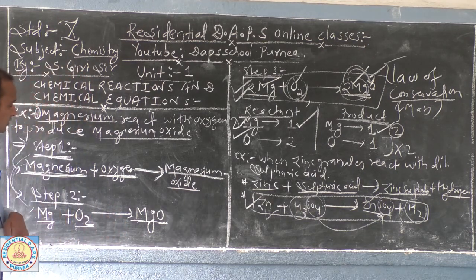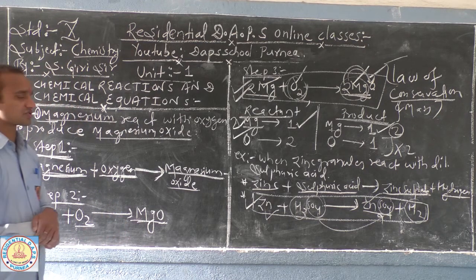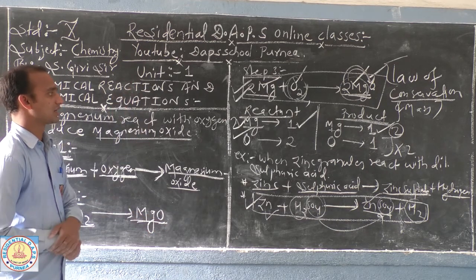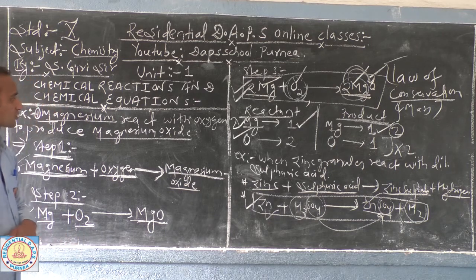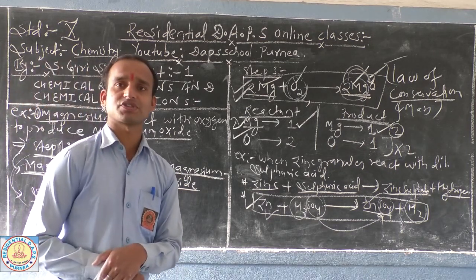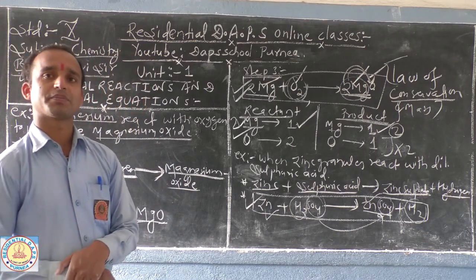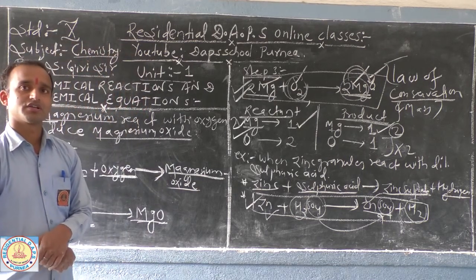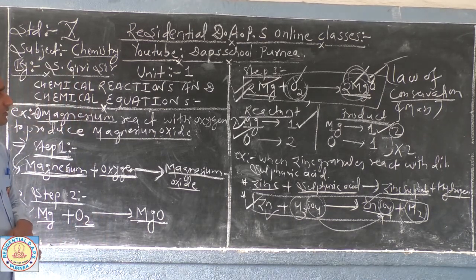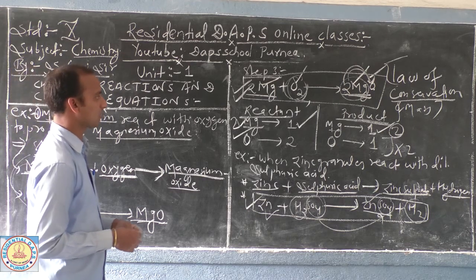After that we discussed the 5 characteristics of chemical reactions: number 1, evolution of gases; number 2, change in temperature; then formation of precipitate, change in color; and finally we discussed the steps of writing chemical equations, how chemical equations are represented and how to balance them.